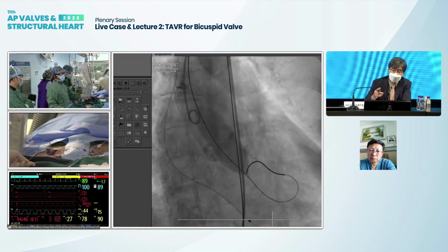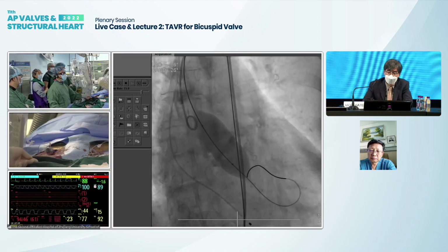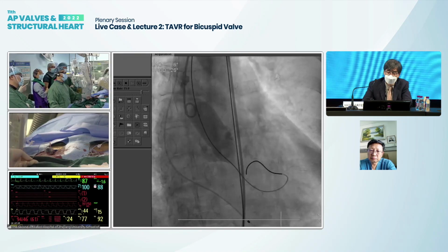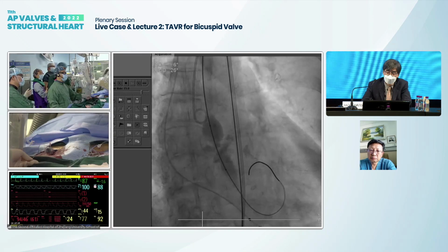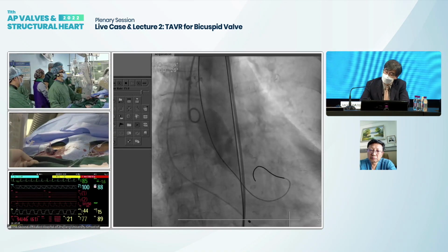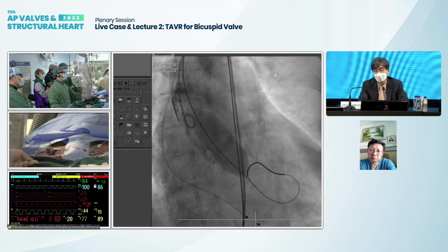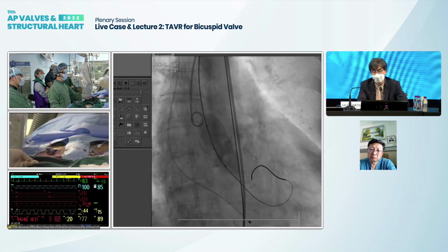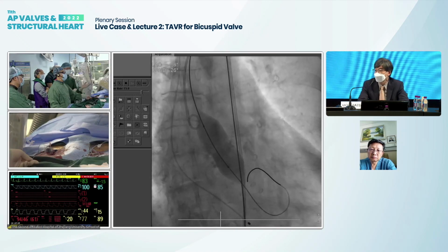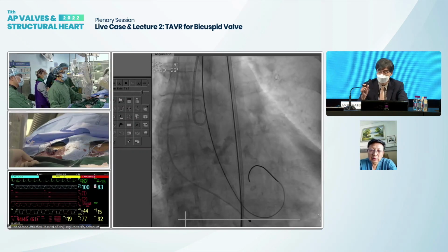I fully agree with you. Keeping the ascending aorta safe. By the way, how big is the size, 44? Usually if the patient has 5 millimeter or above, in my eyes it's more than a five. So that is the reason why I ask you about it.